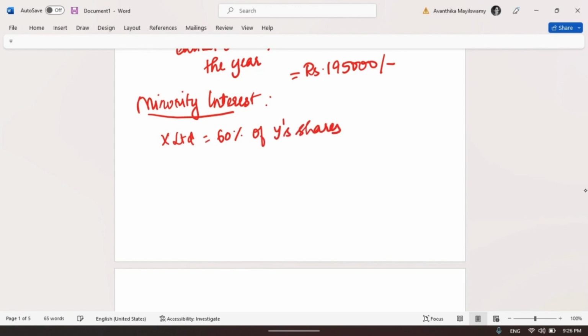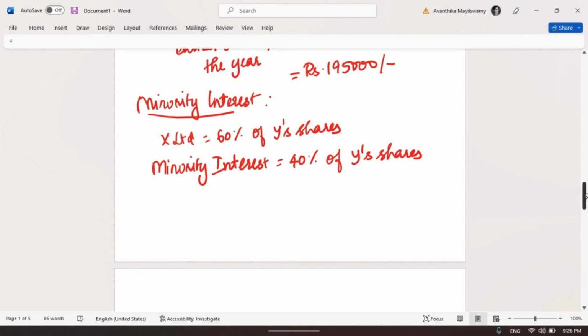So here the remaining 40 percentage becomes the minority interest. So from the capital profit and revenue profit, we have to calculate the 60 percentage which is for X Limited, and the remaining goes to minority.